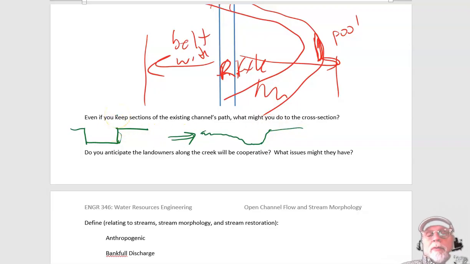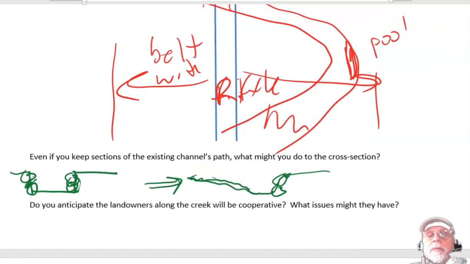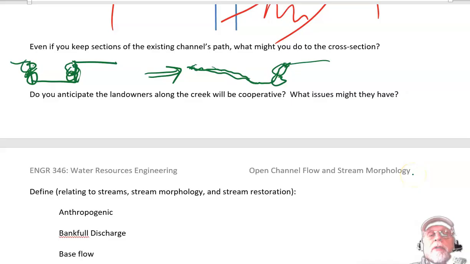So the example, one of Matt's projects that I was at a number of times looking at, they had a busy area and they had rocks that just made a channel like that. So what he did was he put even bigger rocks here and then cut this side, then planted grass here and planted some trees along there. So even if you can't do it completely, you might be able to do a little bit with the cross sections.